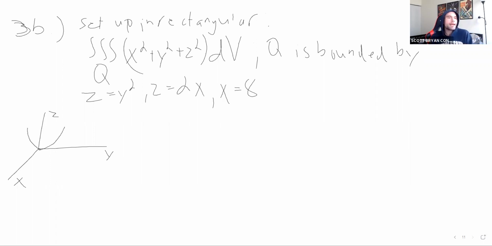And then translate that curve along the x-axis. It's a cylinder along the x-axis, going from x equals 8. And then we're also bounded by the plane z equals 2x.